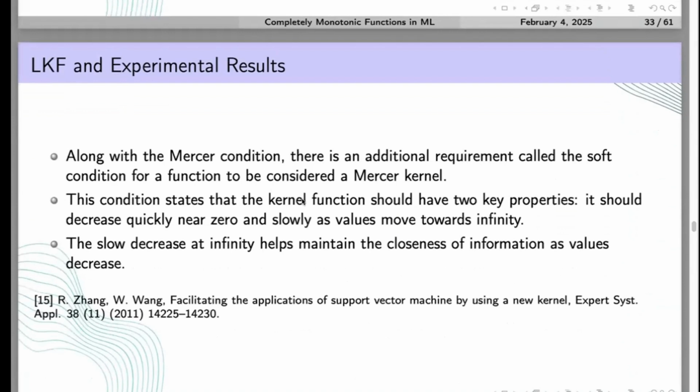Along with the Mercer condition, there is an additional requirement called the soft condition for a function to be considered a Mercer kernel. This condition states that the kernel function should have two key properties. It should decrease quickly near zero and slowly as values move towards infinity. The slow decrease at infinity helps maintain the closeness of information as values increase. This is important. Why? Because here we use K as a kind of similarity measure.